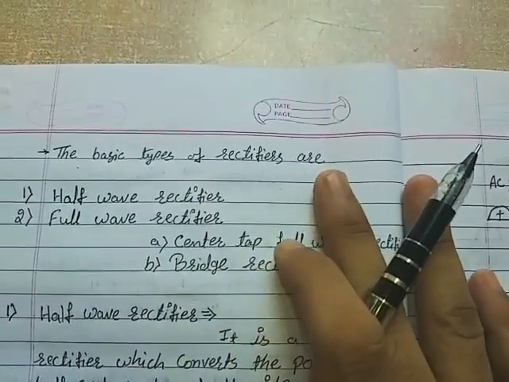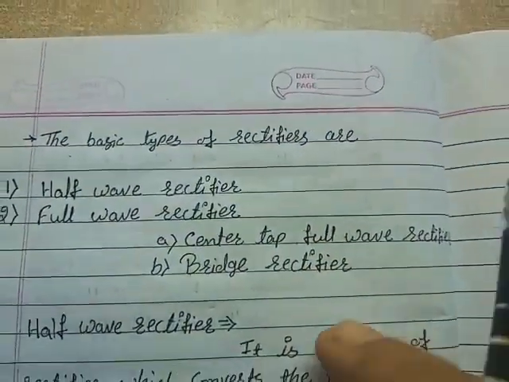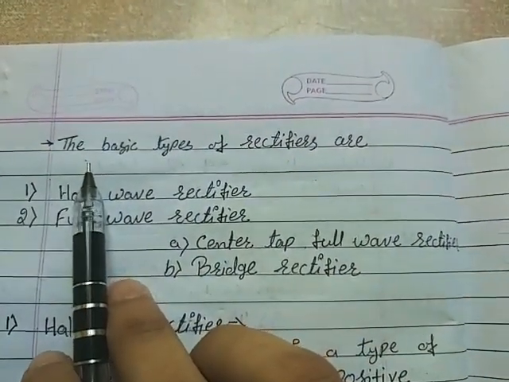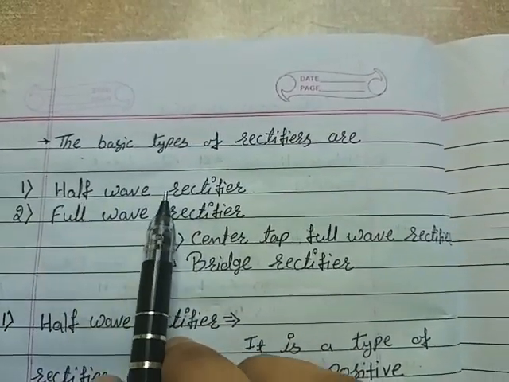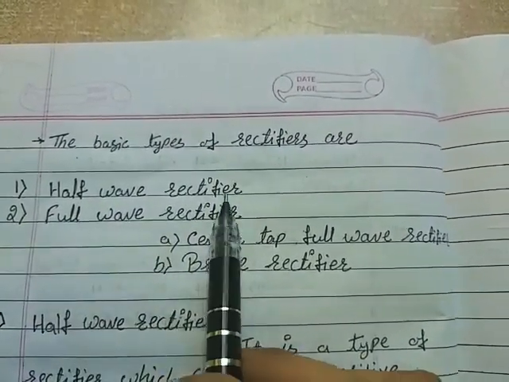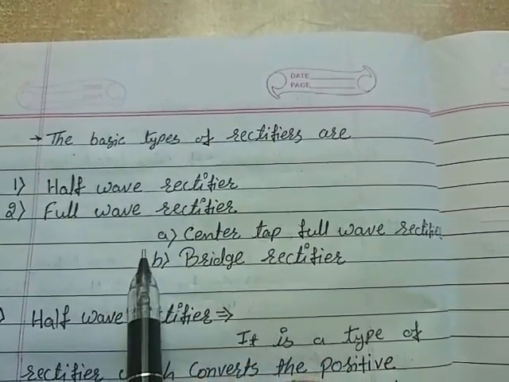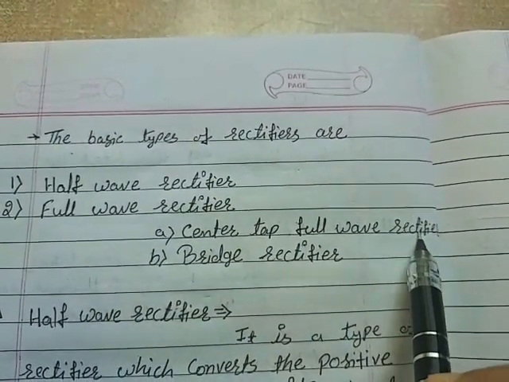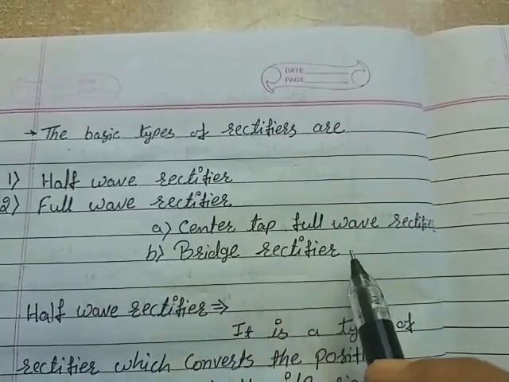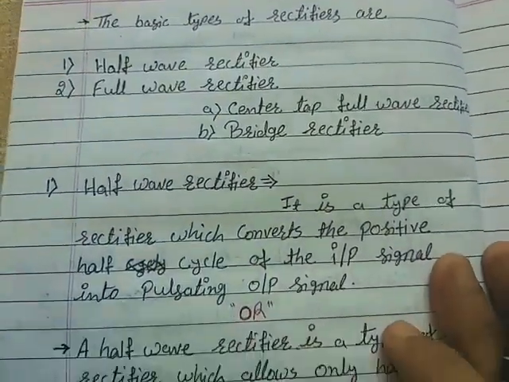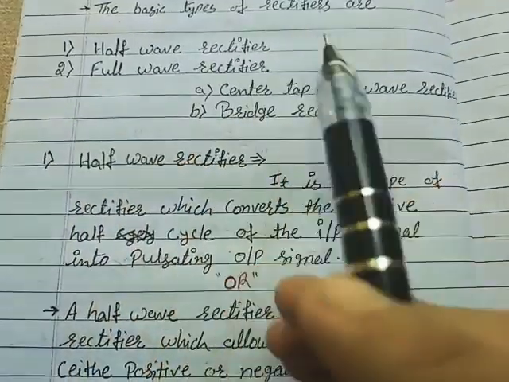As in the previous lecture, we learned that there are two types of rectifiers, half wave rectifier and full wave rectifier. The full wave rectifier is of two types, center tap full wave rectifier and bridge rectifier. So let's learn about half wave rectifier.